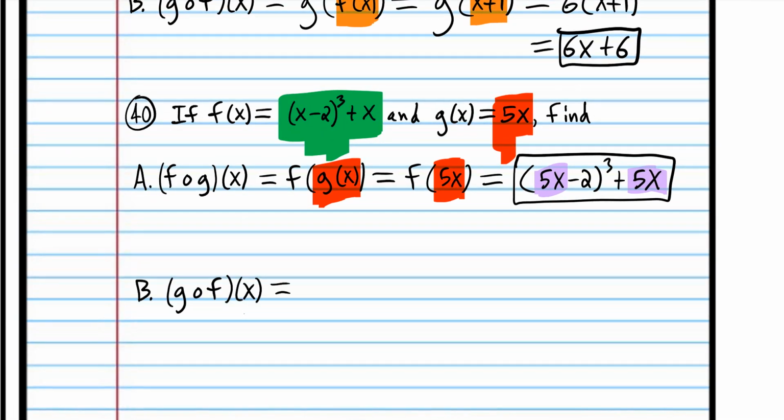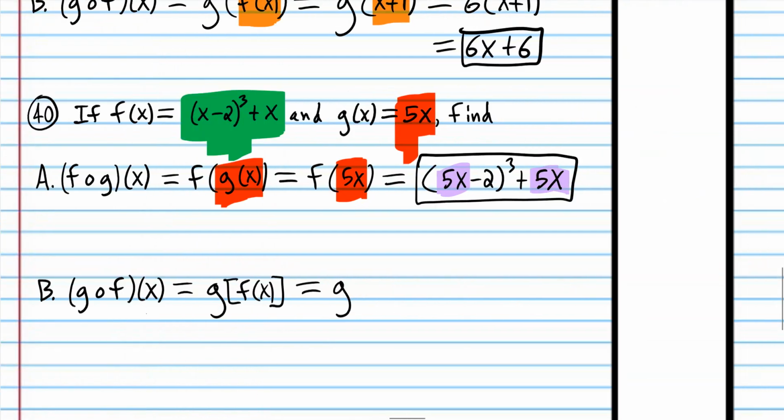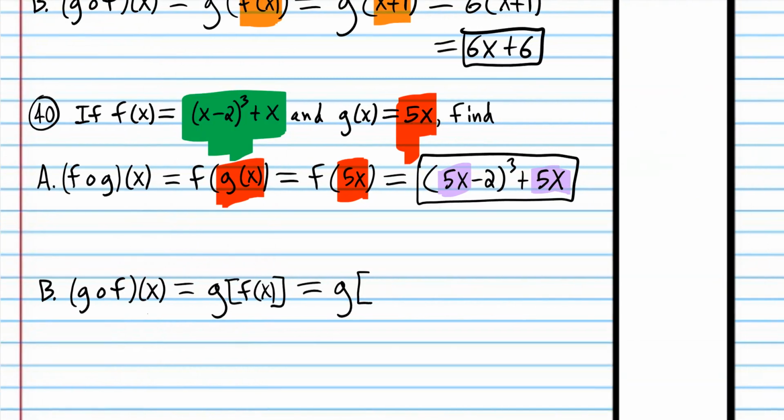Now let's look for g of f of x. So we're plugging in f into the g, and f of x is, this might be better to use brackets. You don't have to use brackets, but it makes it a little easier to see what's going on. So f of x is x minus 2 cubed plus x.